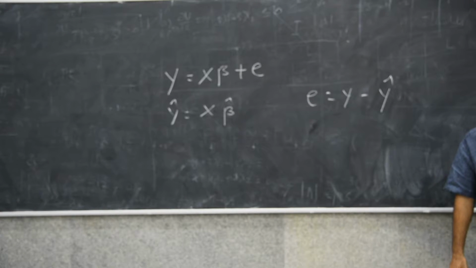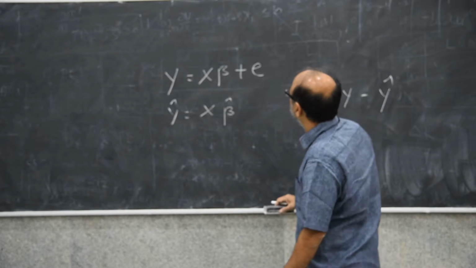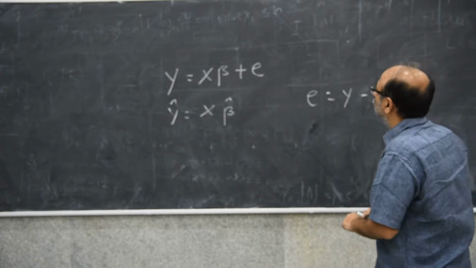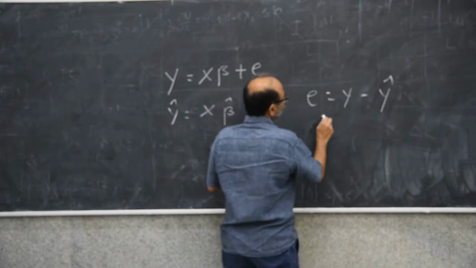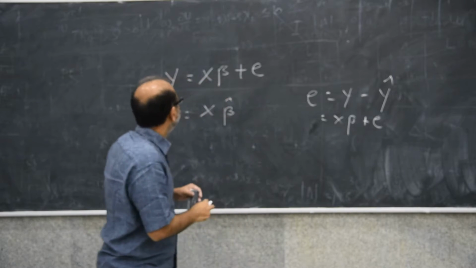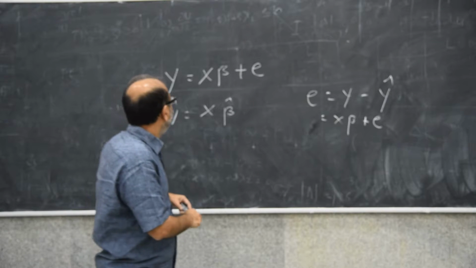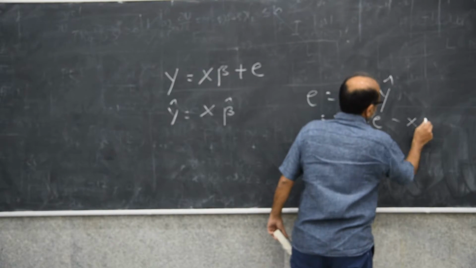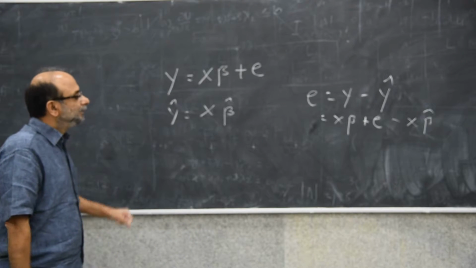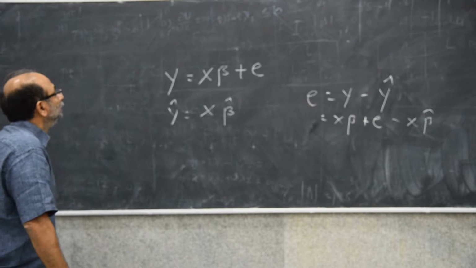Now, basically we can write this as, let y be equal to x beta plus e, minus x beta hat. Right? x beta plus e minus x beta hat.